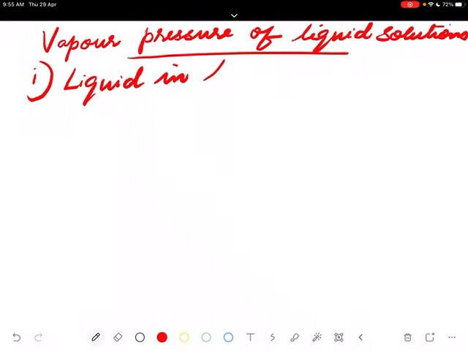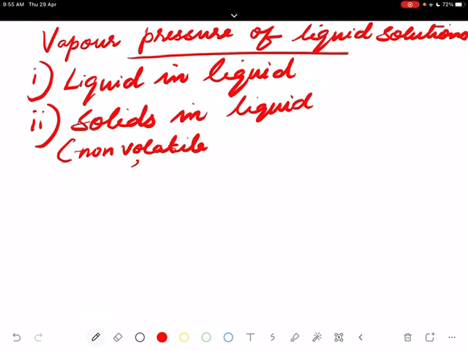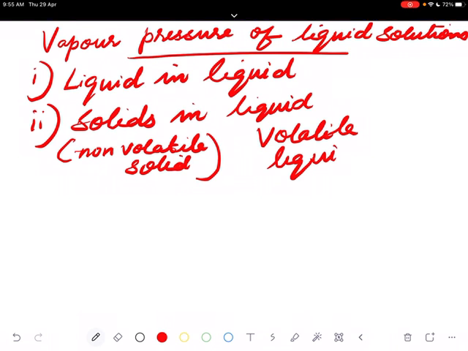Number two, solids in liquids. Solids here, in your syllabus, means non-volatile solid in a volatile liquid.